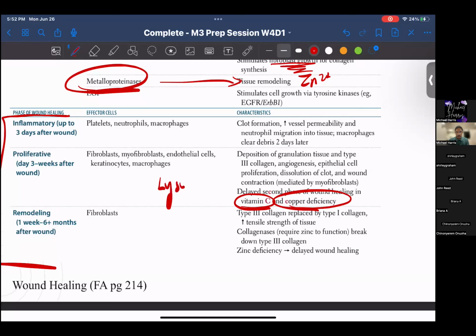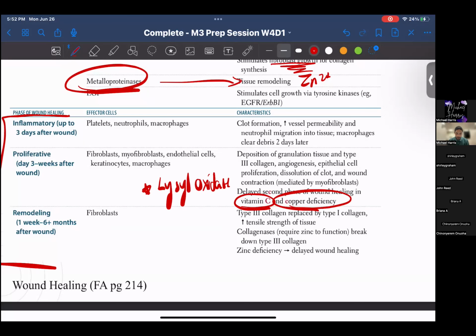Lysyl oxidase. Okay. He's responsible for taking that copper and helping the tropocollagen get cross-linked and become more sturdy. So that's what the lysyl oxidase essentially does.